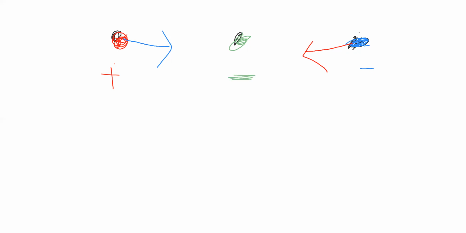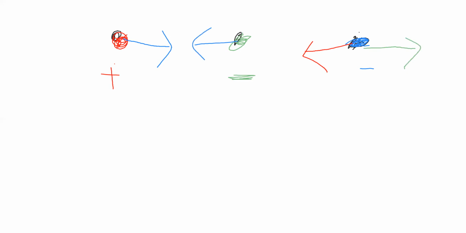And what you would see is that just like I could calculate the force between red and blue using the Coulomb's law equation, I could calculate the force between blue and green using the Coulomb's law equation. In this case, the green charge is going to repel the blue charge, and the blue charge is going to repel the green charge.